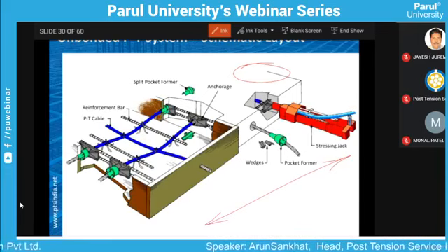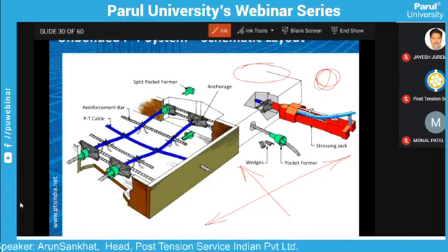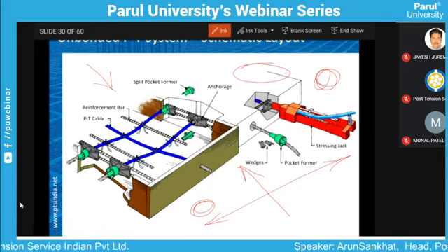So in that case, we need to split it, and this is a construction joint here. This portion is yet to be cast, but ready to cast. Everything is laid, like reinforcement and PT cable and all accessories.